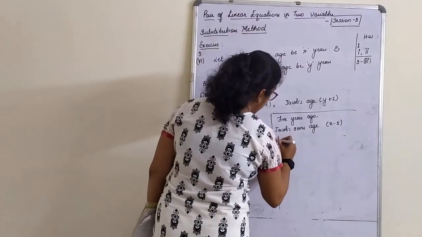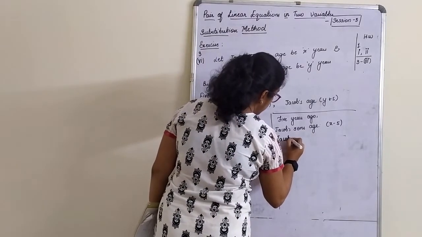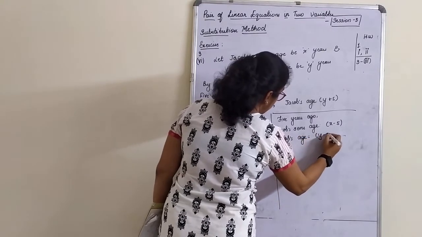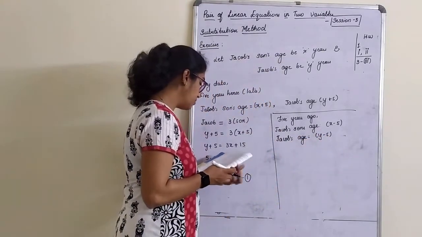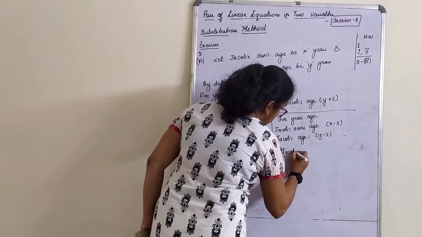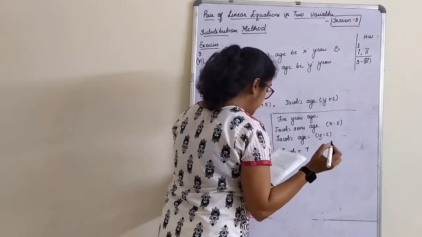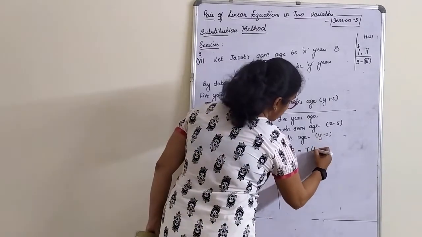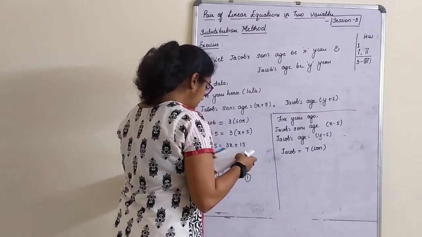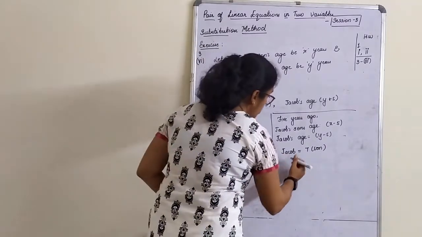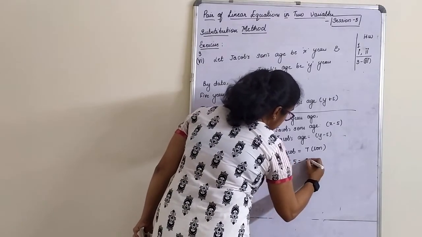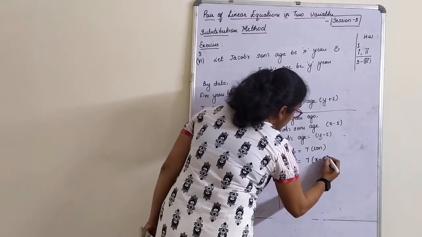And Jacob's age will be y minus 5. So 5 years ago, Jacob was 7 times his son. So what is Jacob now? y minus 5 is equal to 7 of x minus 5.